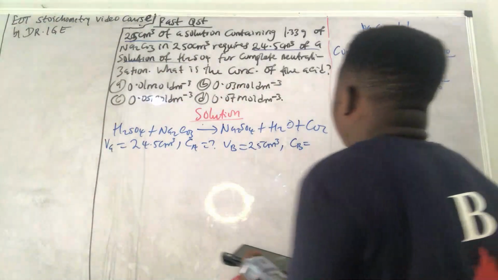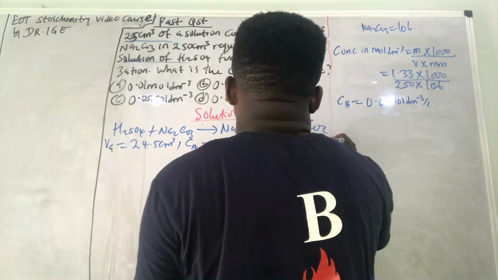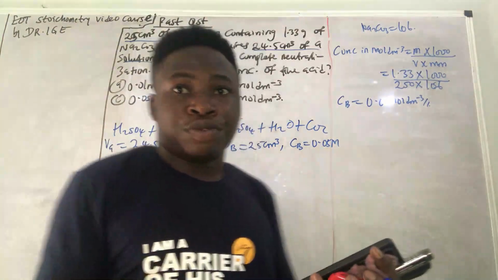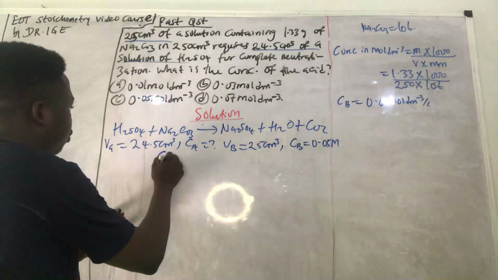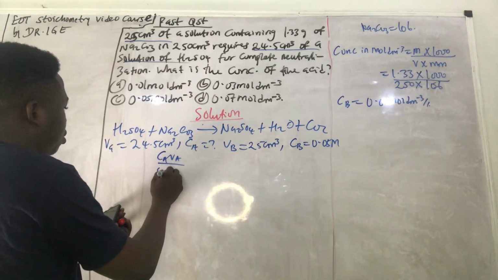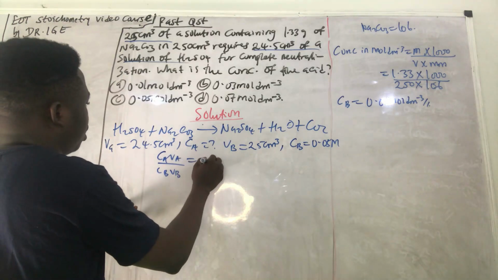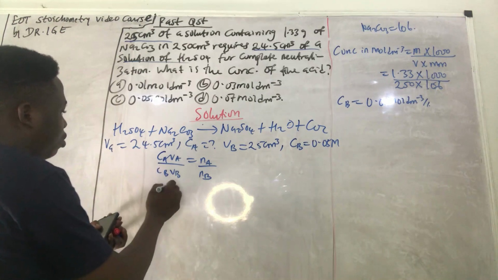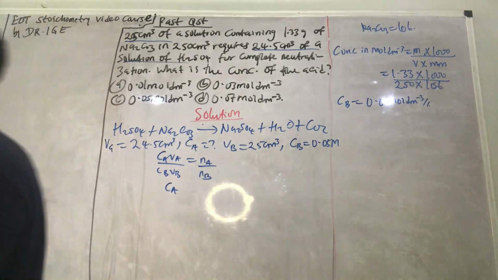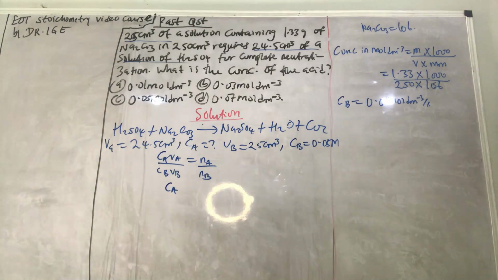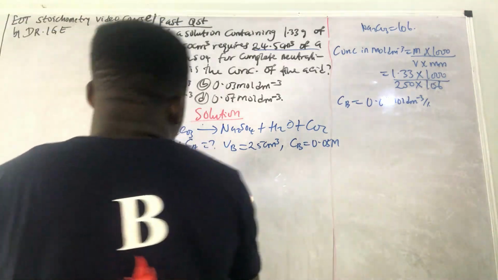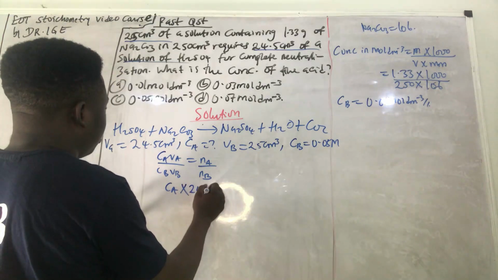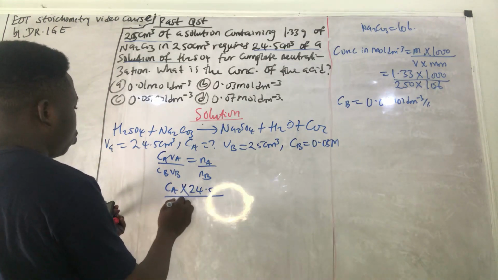Okay, that's it, 0.05. So what I'm looking for now is the concentration of the acid. So now we use CA VA over CB VB equals NA over NB. What is CA? We are looking for CA. What is VA? 24.5. What is CB? 0.05.